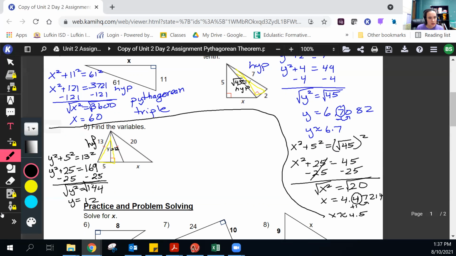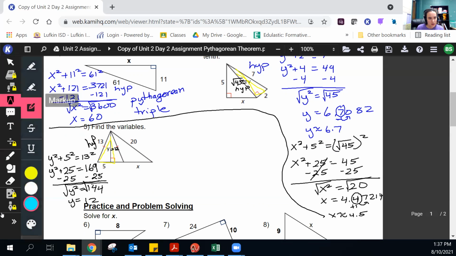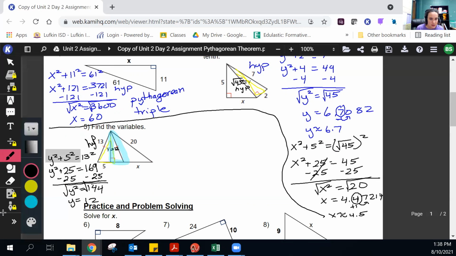Now notice that we have another right triangle here that is marked as congruent to this one. That tells me that this length is also 5. Now, our next one is asking for x. X is actually this whole length.